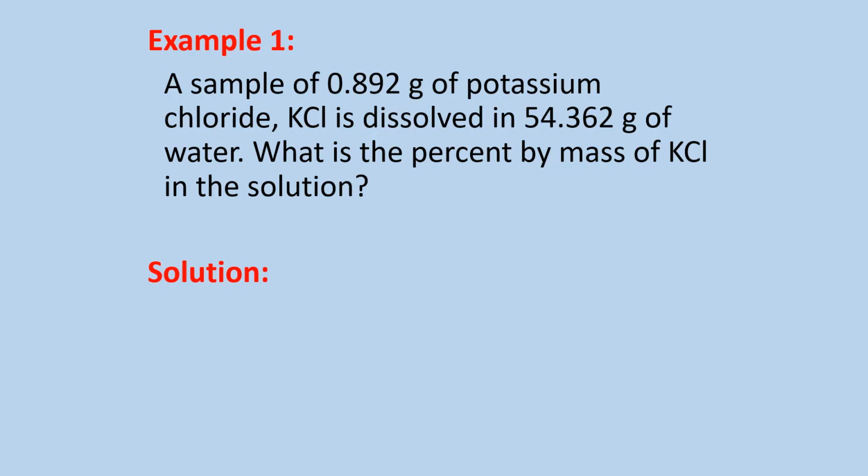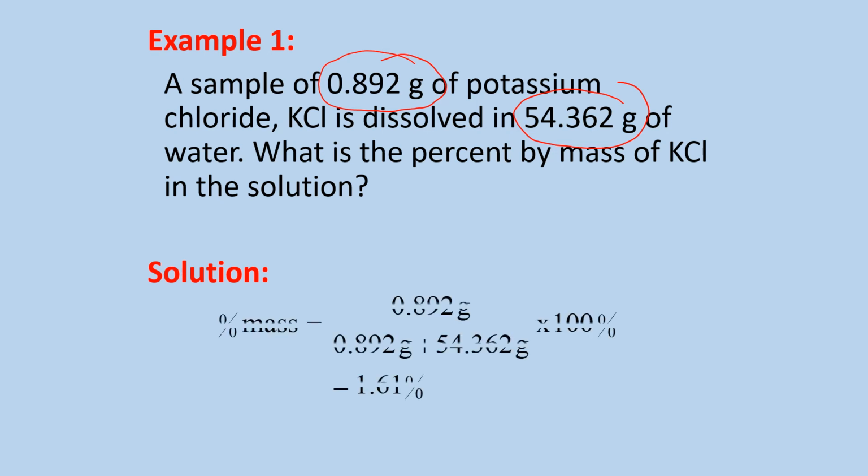Example 1. A sample of 0.892 gram of potassium chloride is dissolved in 54.362 gram of water. So potassium chloride is the solute and water is the solvent. What is the percentage by mass of the KCl in the solution?